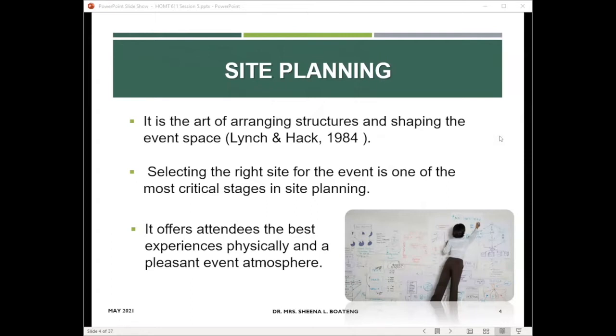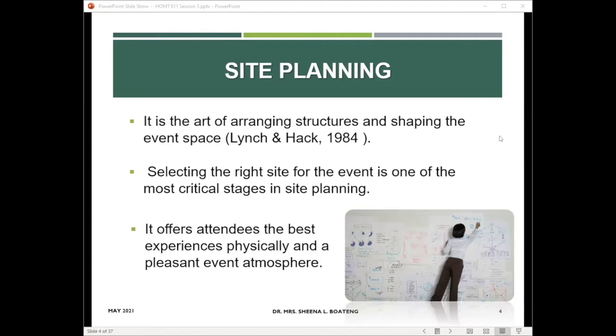which is one of the critical stages in site planning, because site planning is not just about choosing the site for the event. Before you even get to choosing the site for the event, you need to be able to determine what criteria will help you to judge which site is a good enough option before you even end up with a choice.